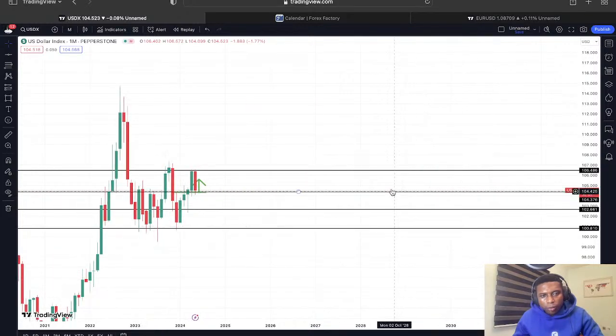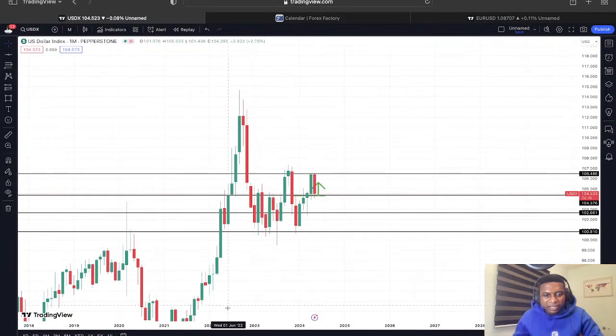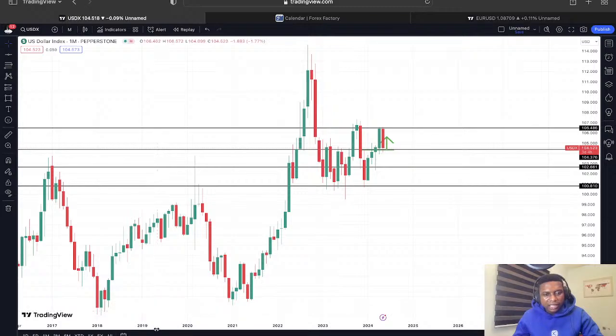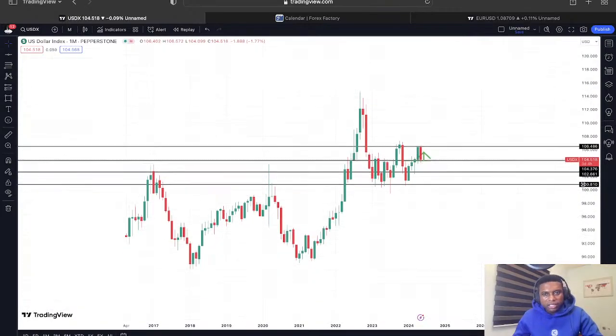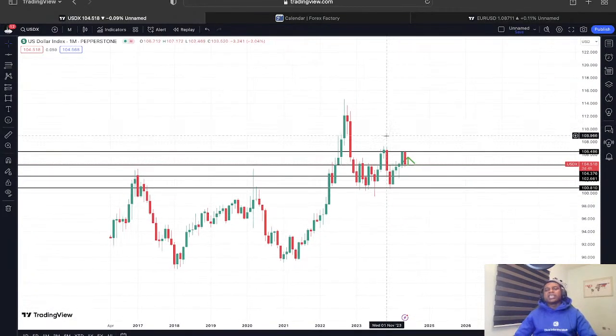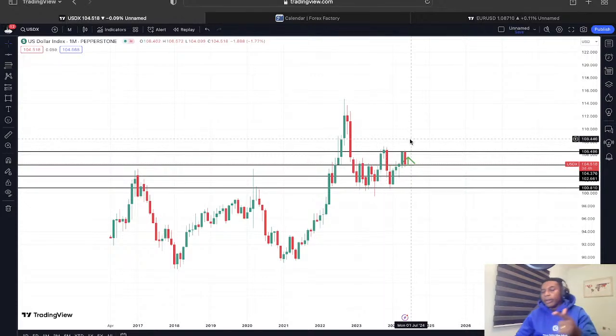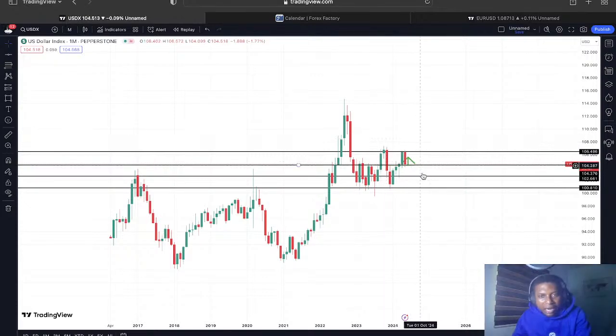Now we can obviously see the chart here, and it is interesting because it is giving a bullish momentum. It's giving a bullish vibe, and you can see that price pushed up further to the level of this resistance zone at 106, and after which there was a pushback.